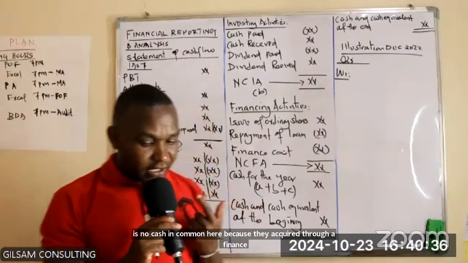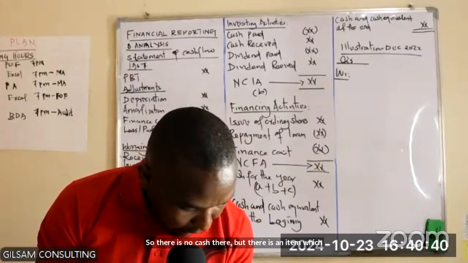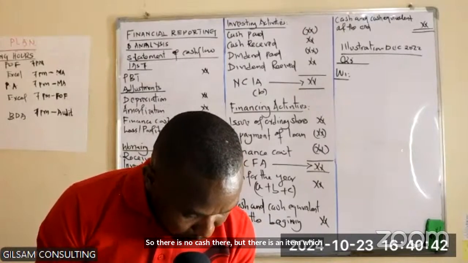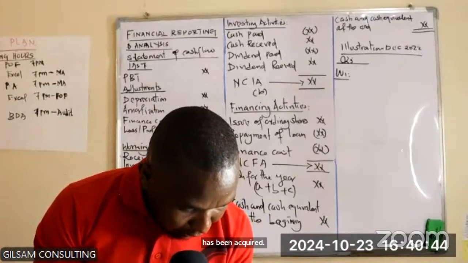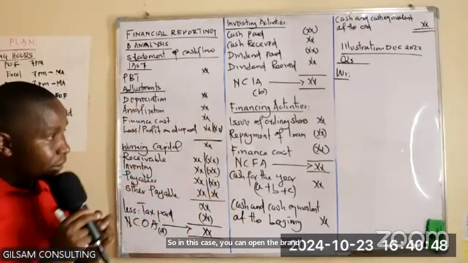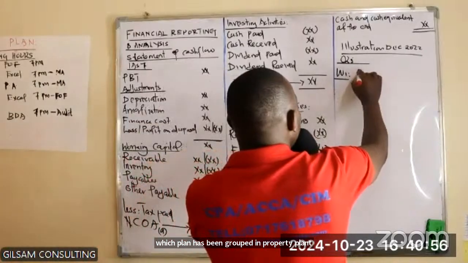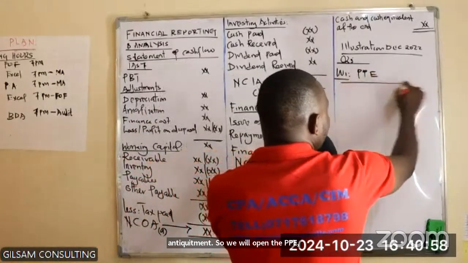So there is no cash, but there is an item which has been acquired. So in this case, we can open the plant account, which is grouped in property, plant and equipment. So we will open the PPE, property, plant and equipment.